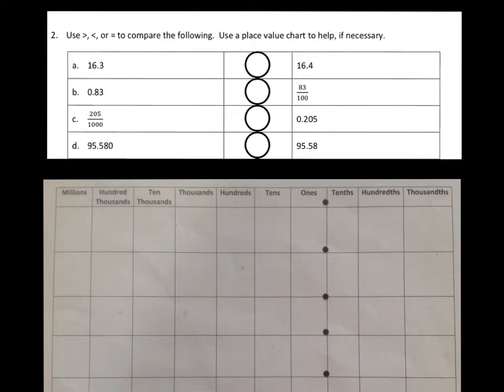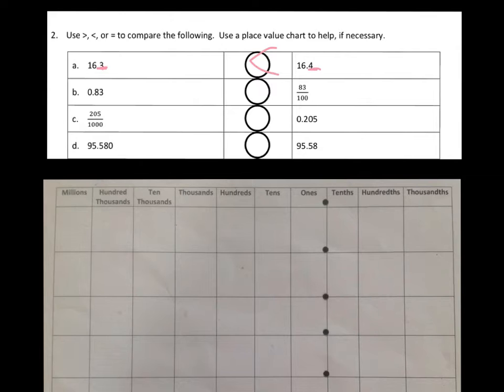Let's look at A. It says 16.3 versus 16.4. 16.3 is going to be less than 16.4 because the 3 in the tenths place is less than the 4 in the tenths place here.